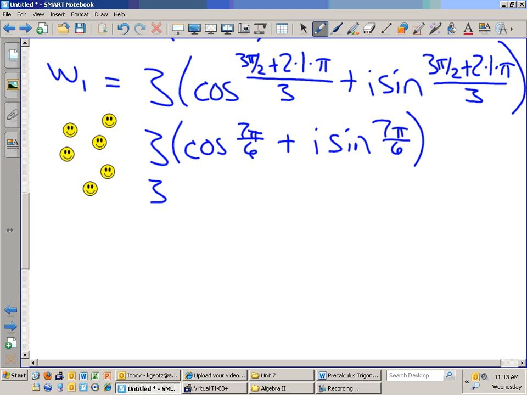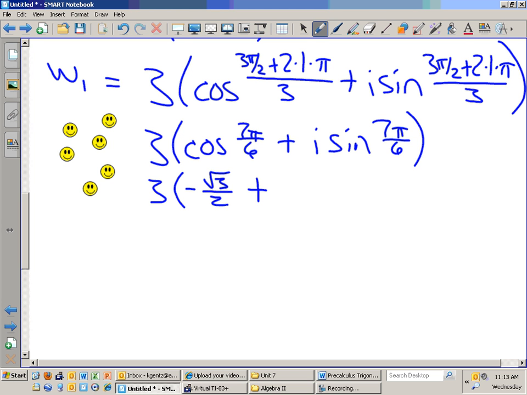I have 3 times the cosine of 7 pi over 6. What is the cosine of 7 pi over 6? Negative square root of 3 over 2. Nice job. Samantha Stanley says, I look at my graphic organizer, which Mr. Gens has so nicely provided for me.